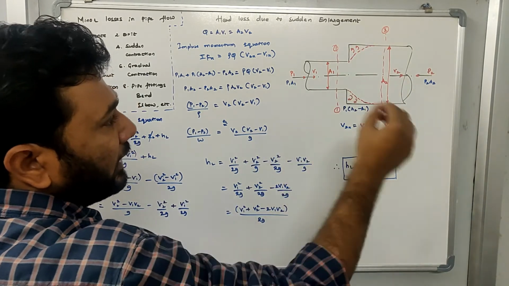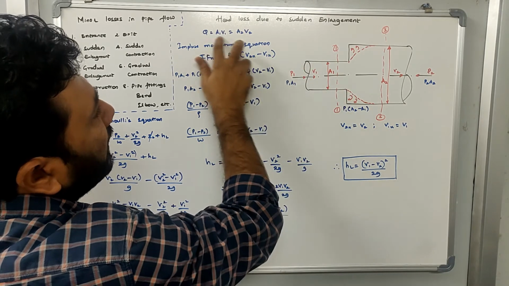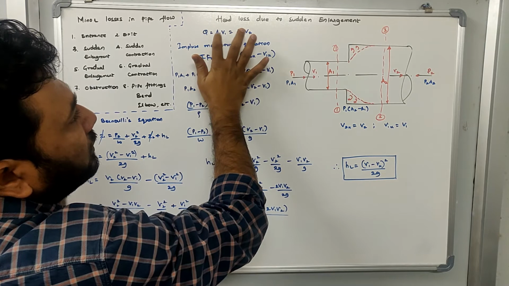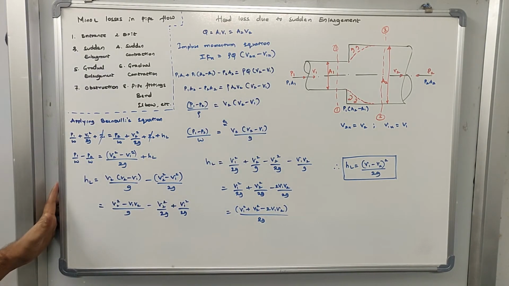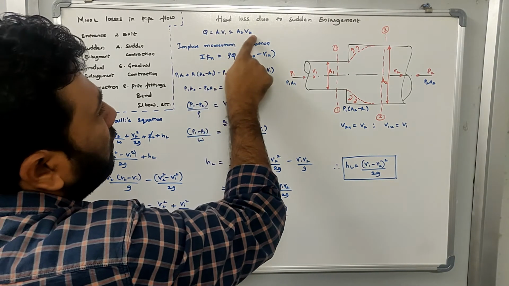Now when you suddenly increase, what will be the change that will happen? To understand this, we can look into the continuity equation, which is Q equals A1 V1 equals A2 V2. This is what we say, right? According to the continuity equation, the discharge in any given pipe, even if its area varies, remains constant. So A1 V1 should be equal to A2 V2.